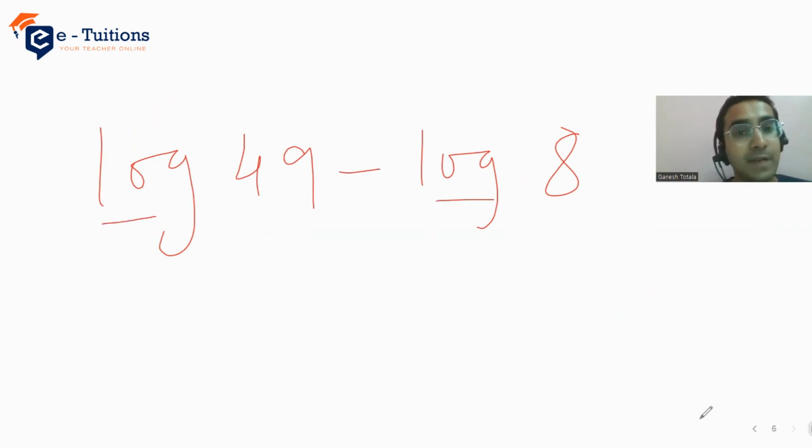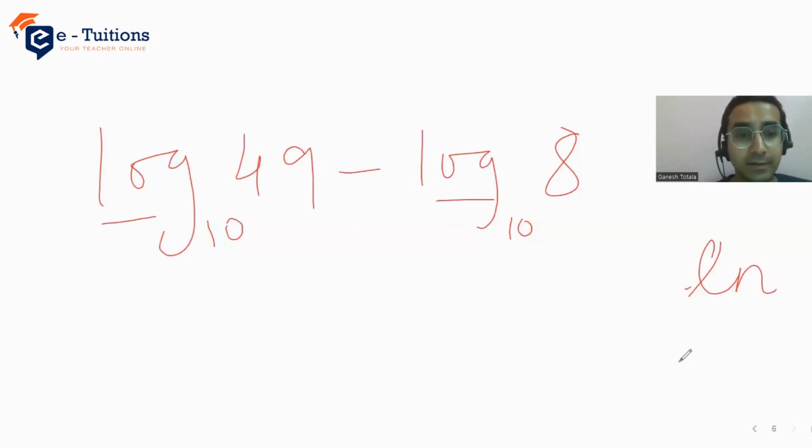If you could see my last video, I have mentioned whenever they have mentioned log with no base, we are going to consider the base as by default 10. And instead of log, if they have mentioned small ln, then in that case, the base will be e. That's a natural log. But now since here they have mentioned log, we will be considering 10 as the base.